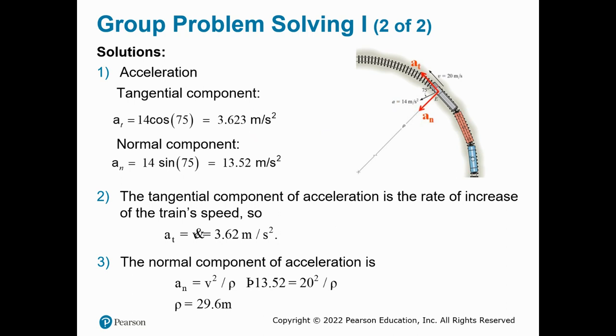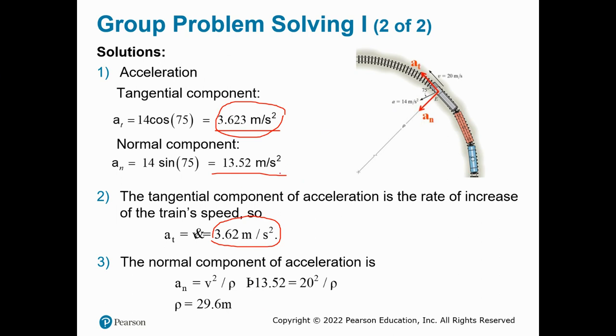Using that 75-degree angle, we're doing a sine and a cosine. We figure out the acceleration in the tangent direction and the acceleration in the normal direction, and we plug into our equation. We know that the tangent component of the acceleration will be the rate of change of the speed. So this number right here is v dot, the magnitude of the change of the velocity.